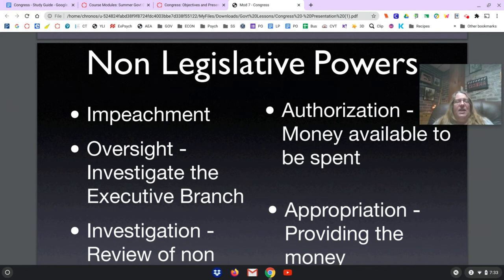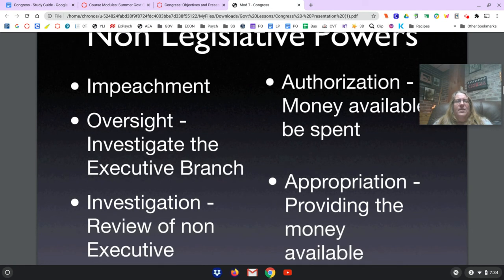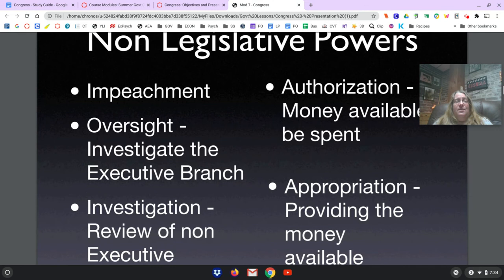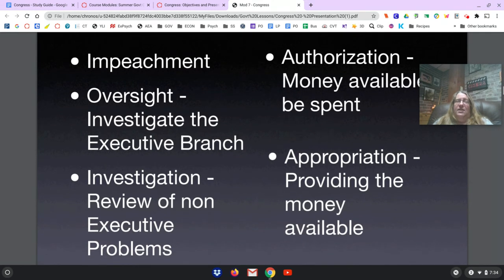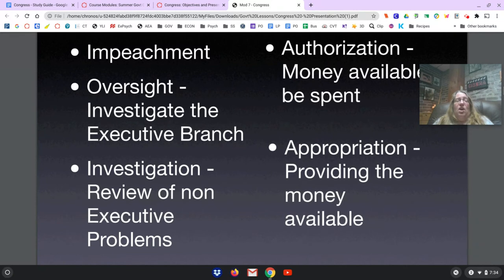Next is oversight and investigation. Oversight and investigation can be confusing. We know from the committee system that Congress can have committees. What are they looking at? Well, those committees provide oversight of the executive branch or investigate non-executive problems.